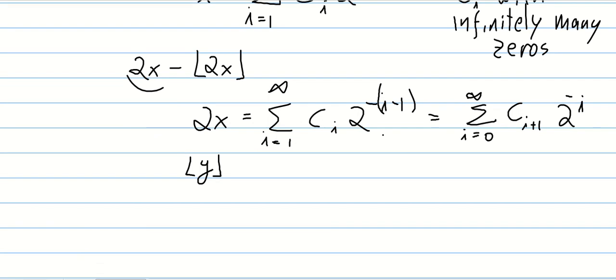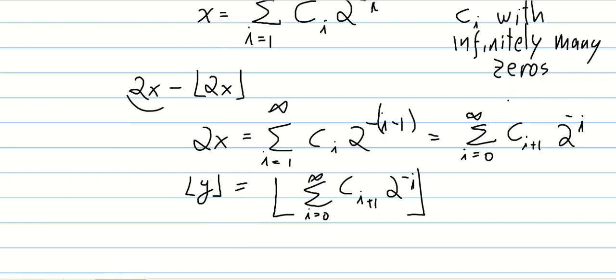So in this case, if y is decomposed as above, it is the sum from i equals 0 to infinity of C_{i+1} 2^{-i}. This is exactly what we're going to take the integer part of.